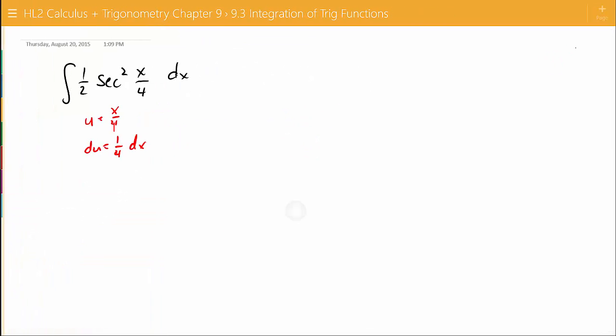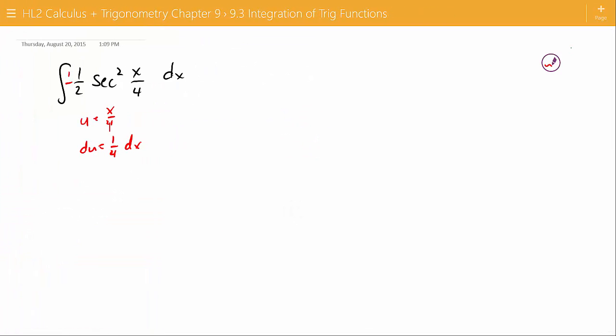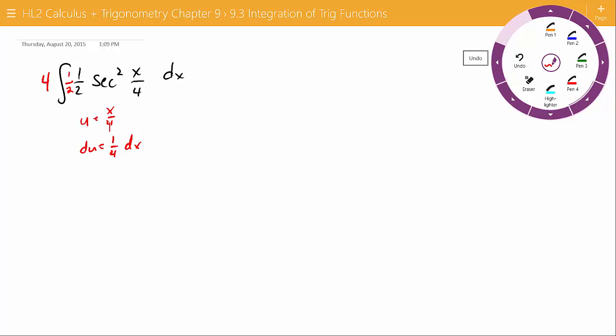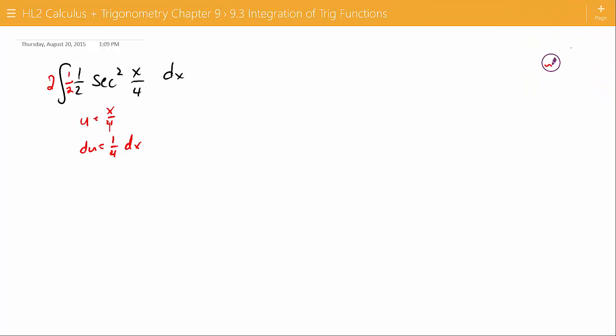I need to see 1/4. So I'm going to multiply by 1/2, because 1/2 times 1/2 is 1/4. And to balance out, we would not multiply by 4, but we would multiply by 2. So that piece multiplied together gives me du.